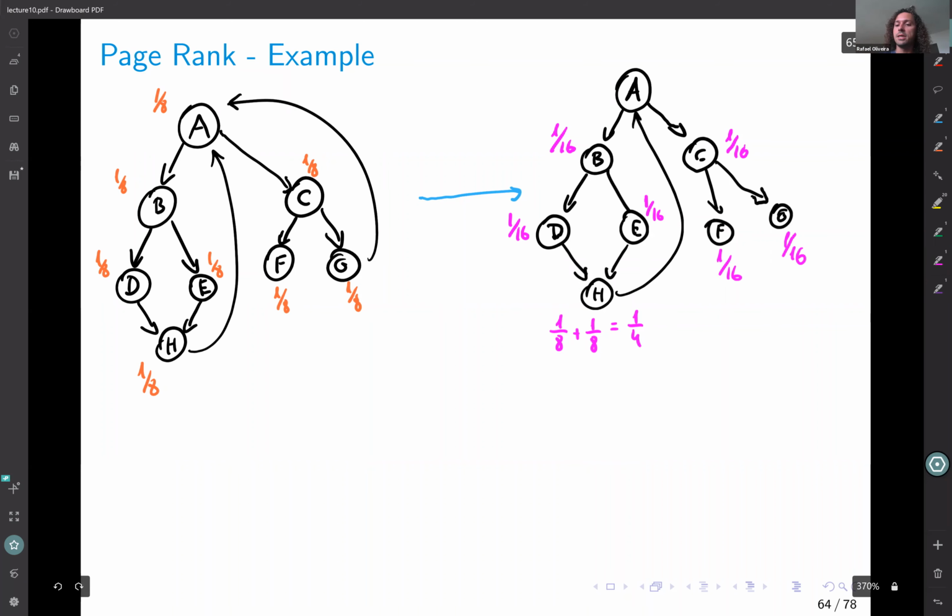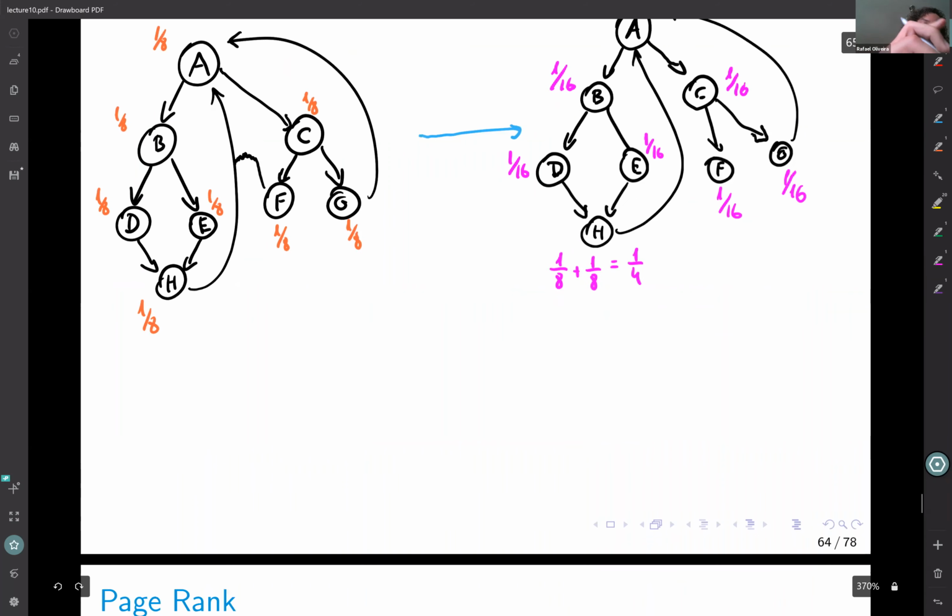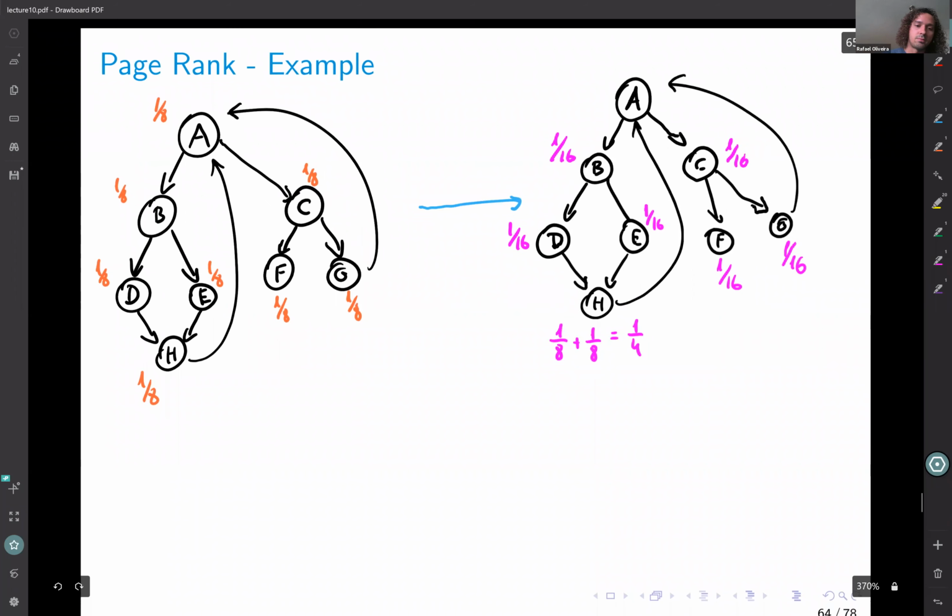Now, what are the other two? We know that G and H have to send their full weight. Oh, sorry, F also sends weight to A. Let me just put this, because F cannot be just a sink. Well, it can, but it is not in my example. So, all right, now what happens?